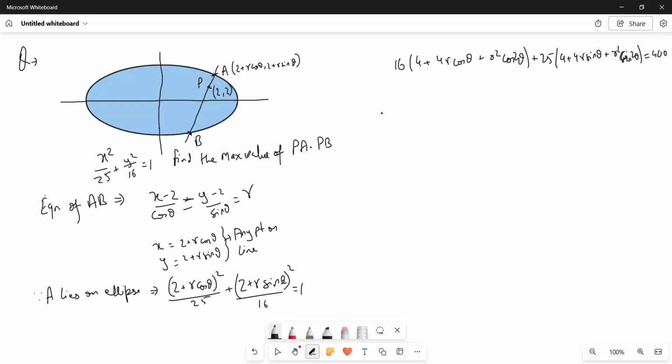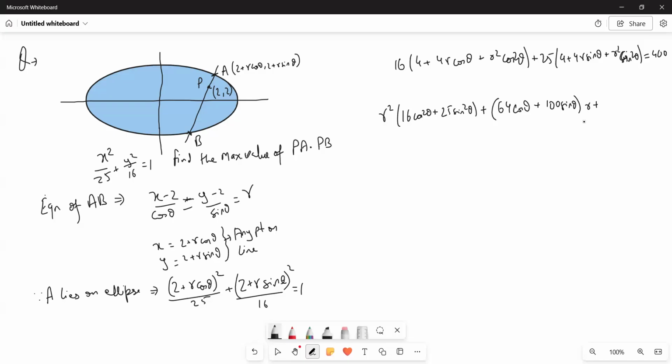Okay. So this is like r square into 16 cos square theta plus 25 sin square theta plus 16 into 4, 64 cos theta plus 100 sin theta times r.